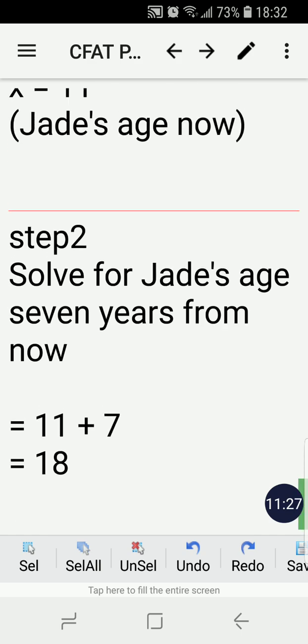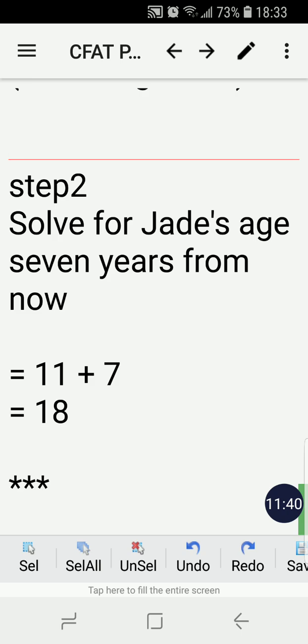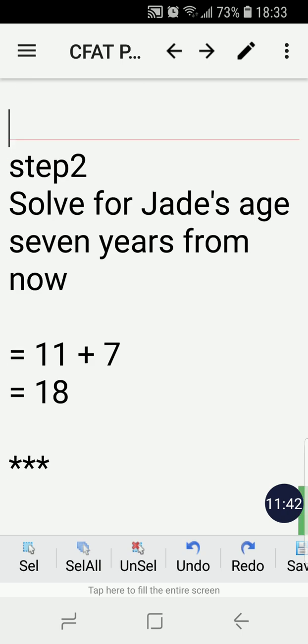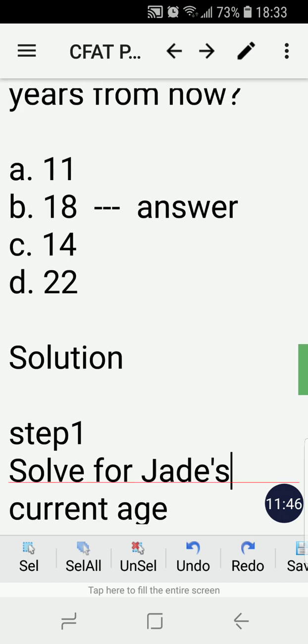All we have to do now is add 7 to 11. Because 11 is Jade's age now, we add 7 and we have the final answer as 18. So 18 is letter B.